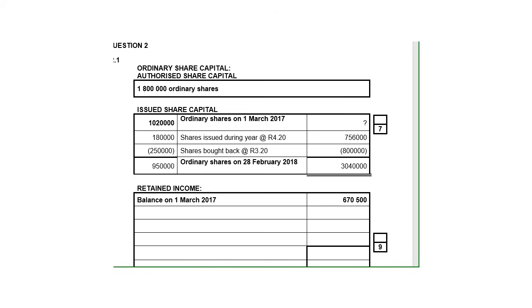And I then get the answer, which should give me 3,084,000. So my balance at the beginning is 3,084,000. And that is it. We've now completed everything we need for the ordinary share capital note. So we can move on to retained income.